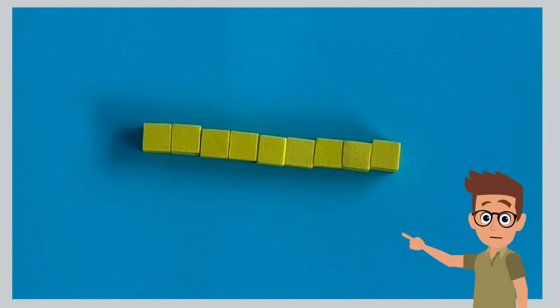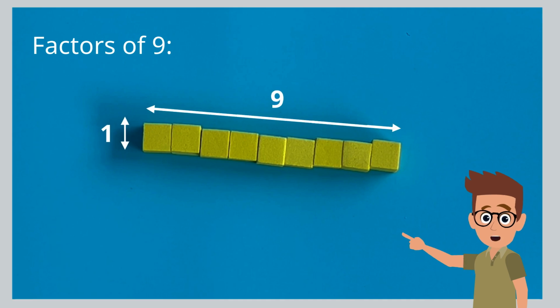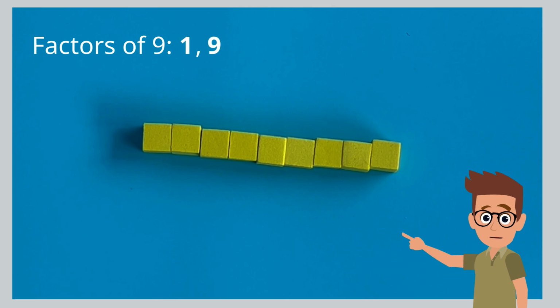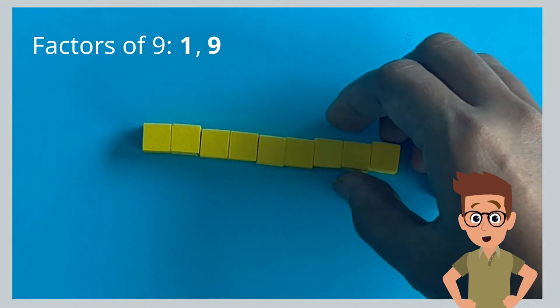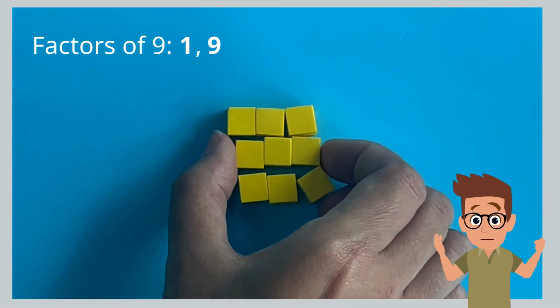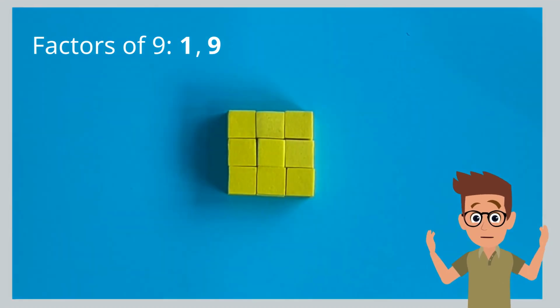Now, let us find the factors of 9. In this array, there is 1 row and 9 columns. So, 1 and 9 are factors of 9. We can also arrange 9 cubes to form another array. Using this array, what is another factor of 9?